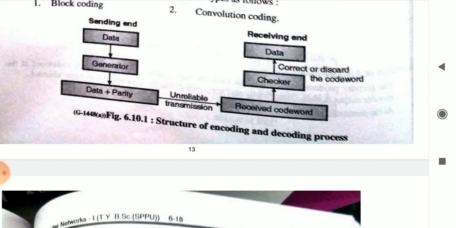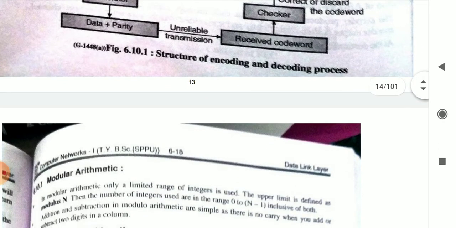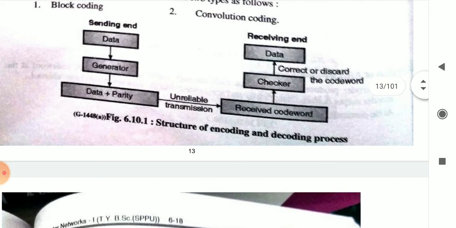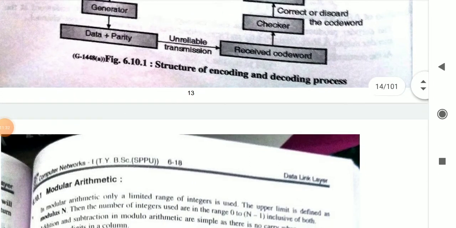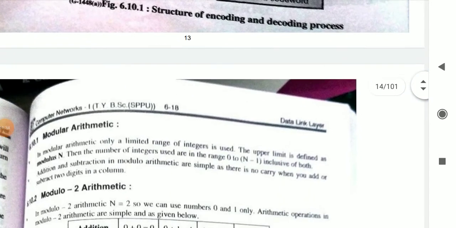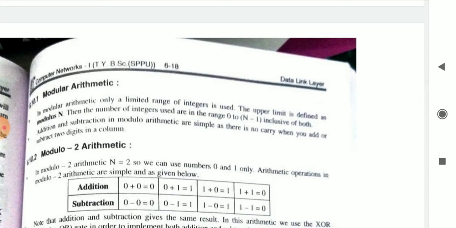The receiver corrects or discards the code words. Finally the receiver gets the data. Okay, whatever the sender sends, that data can be obtained on the receiver machine.